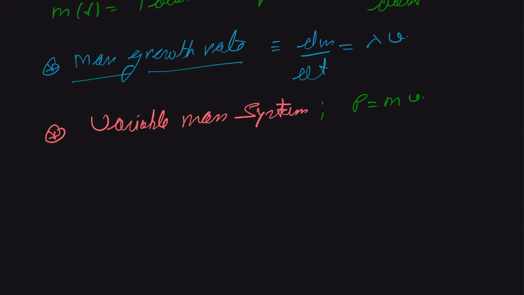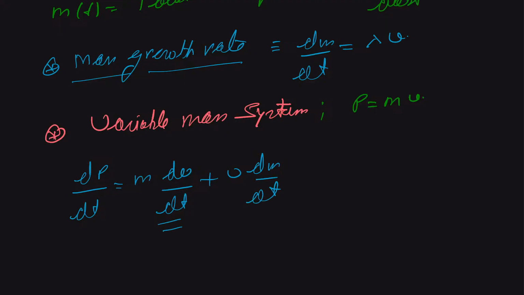So we differentiate it: dp by dt will give us m dv by dt plus v dm by dt, and dv by dt is nothing but our acceleration, and dm by dt we just calculated. So we can write this as mass into acceleration plus lambda v square.